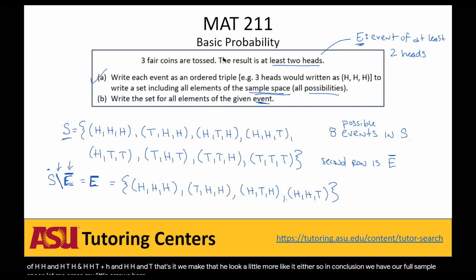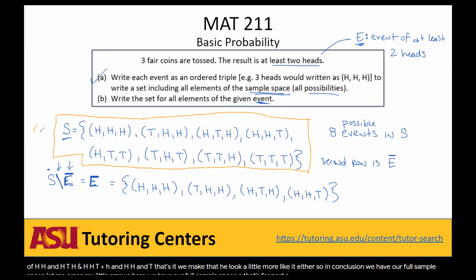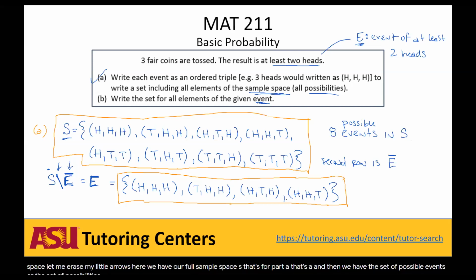So we have our full sample space, S. That's for part A. And then we have the set of possibilities that satisfy the given event, which is that we have at least 2 heads. So this is B. So that's it.